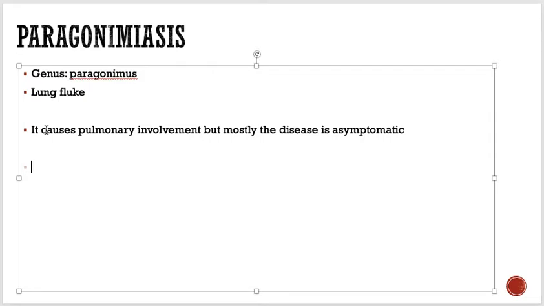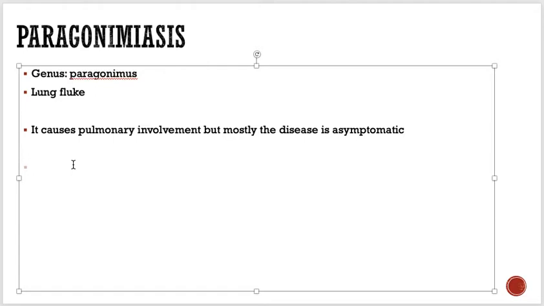So to tell you how important this one is, Paragonimus is a parasite which affects mammals, carnivores and omnivores. Carnivores are those which feed on multiple things, and omnivores are those which have one type of food.